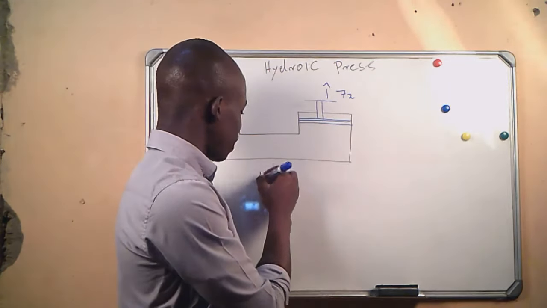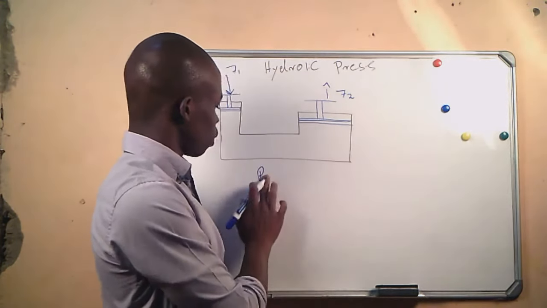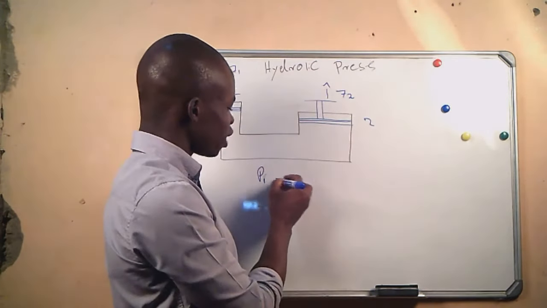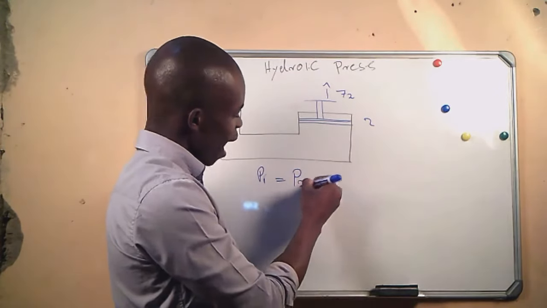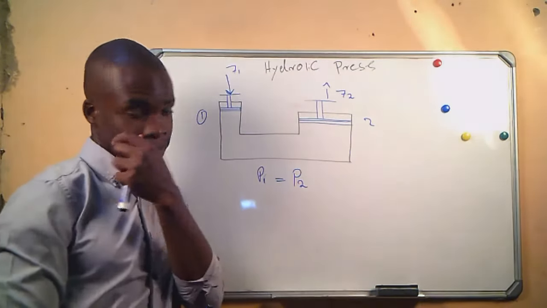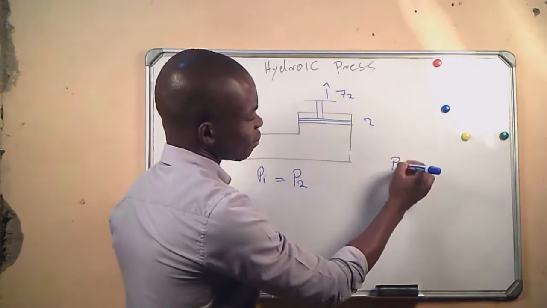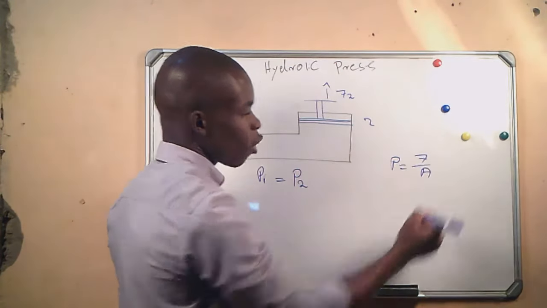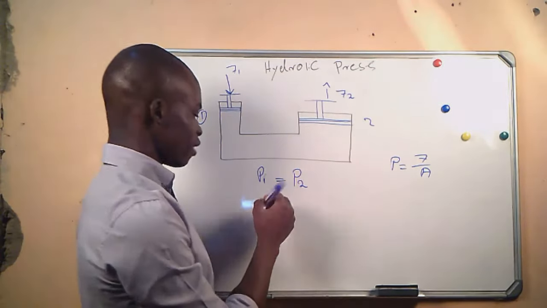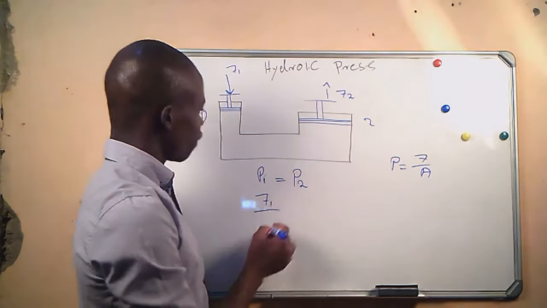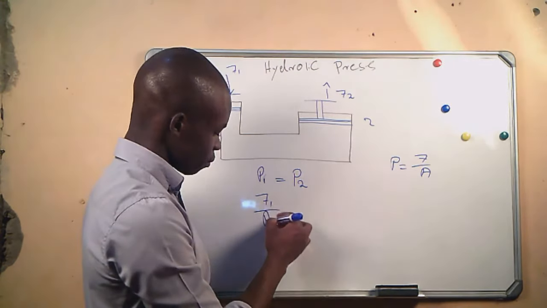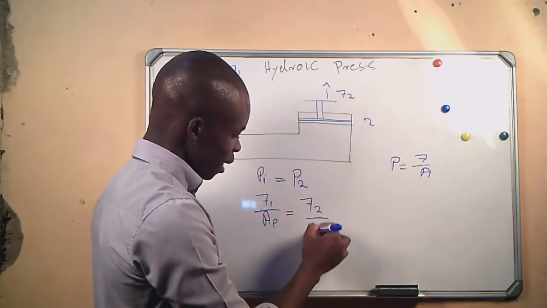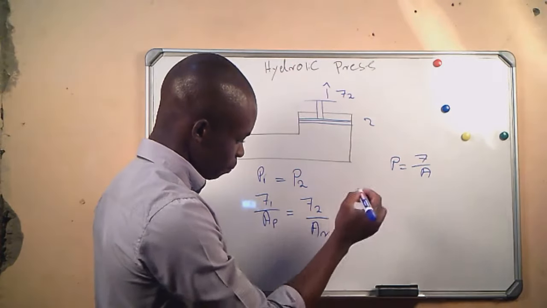Therefore, we can say that the pressure at the plunger, let's say this is 1 and this is 2, will be equal to the pressure at the ram. The formula for pressure is force divided by area. Therefore, F1 divided by the area of the plunger equals F2 divided by the area of the ram.